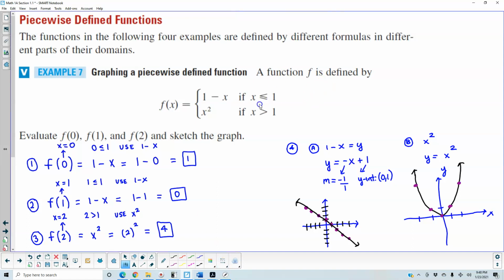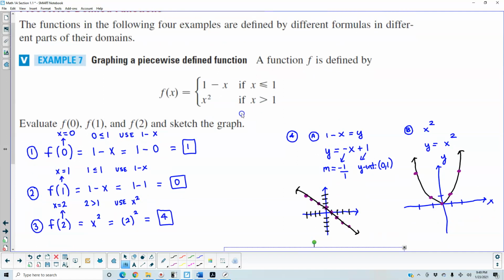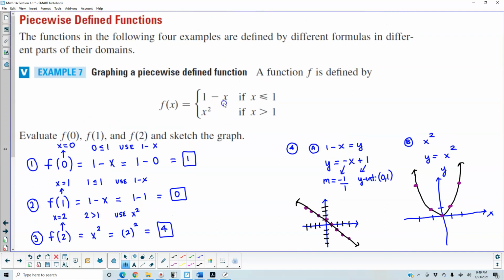Now, we need to put in these restrictions, and those restrictions are important. What it's saying here is 1 minus x if x is less than or equal to 1. So we have to erase everything that is greater than 1. What is greater than 1?